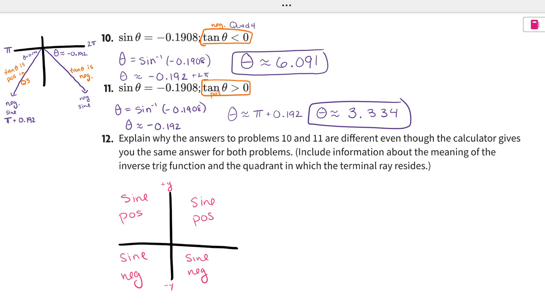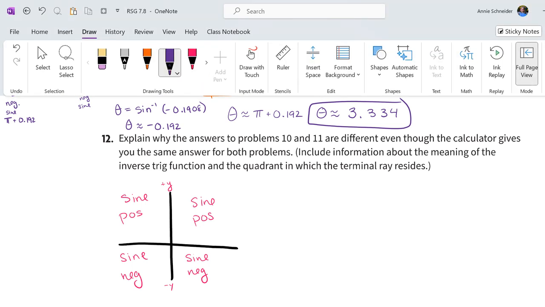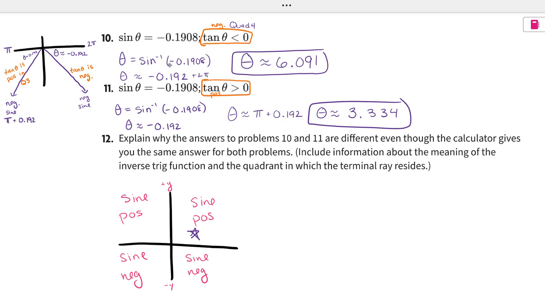So our calculator always wants to give us a negative and a positive version of our answer. When we do sine inverse of some positive value, it's going to spit out an angle in quadrant 1, because that's the closest to 0 while still remaining positive.